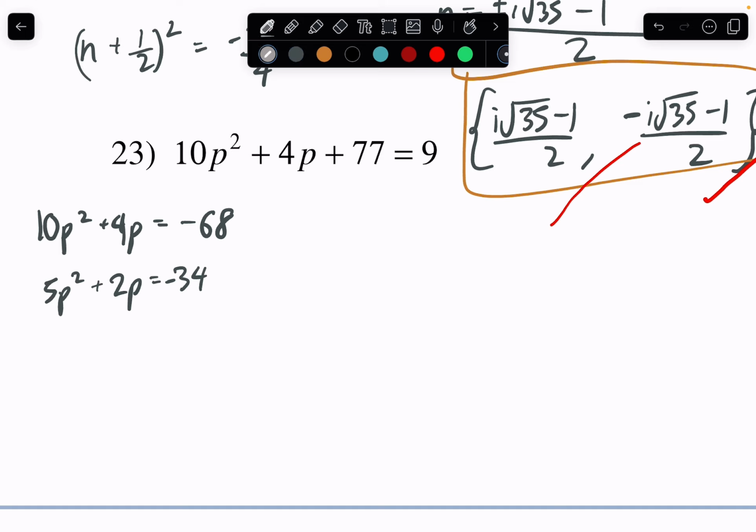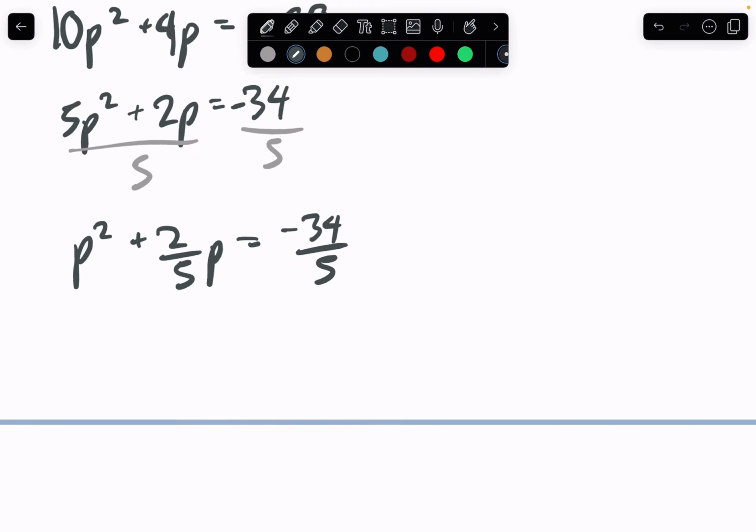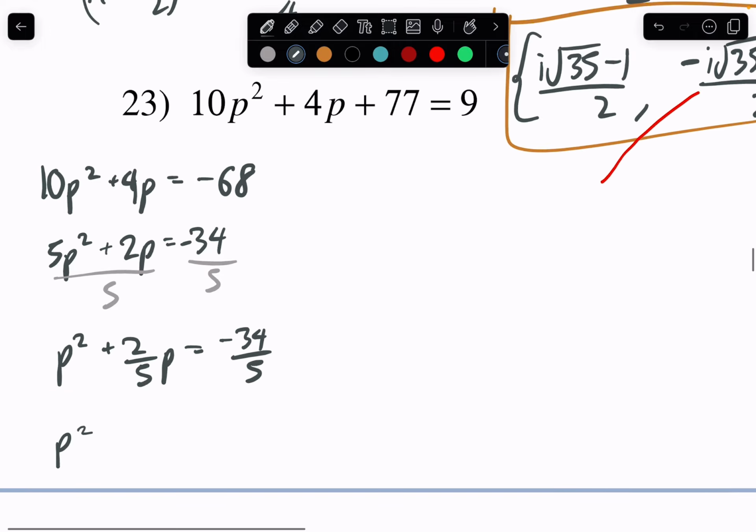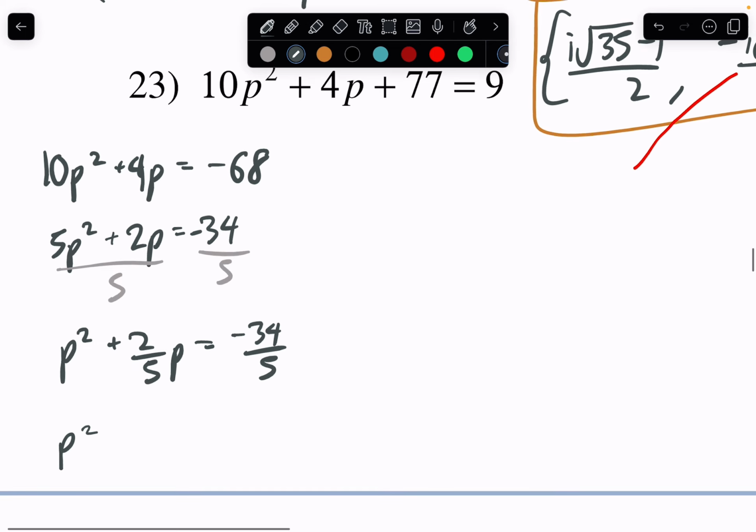Okay. I bet our first trick wouldn't work here either. Let's improvise. How about 1 over 5?